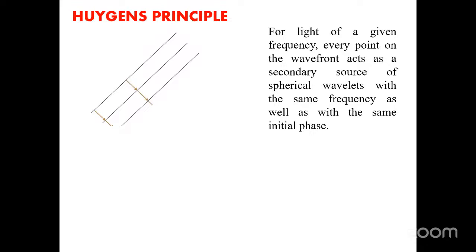Corpuscular theory has only particles. So you can see the Huygens principle: for light having a certain frequency, every point on the wavefront acts like a secondary source of spherical wavelets, with the same frequency.